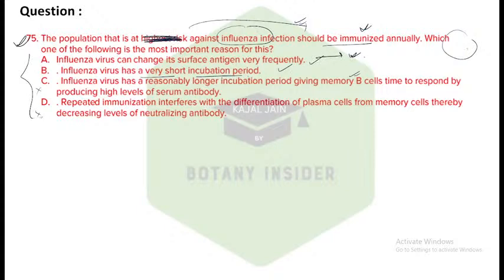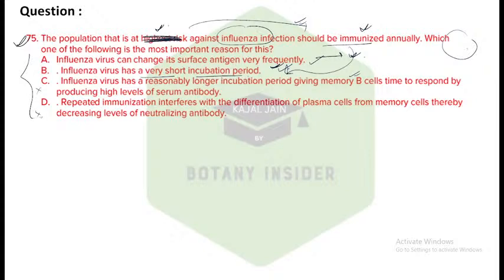Because the influenza virus changes its surface antigen very frequently, that's the reason why it needs to be periodically immunized. But the question is asking about the population which is at higher risk of having influenza, that it needs to be immunized annually. Reason being, influenza virus has a very short incubation period and hence it needs to be immunized annually.